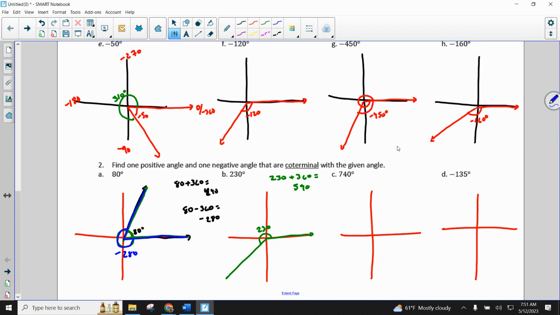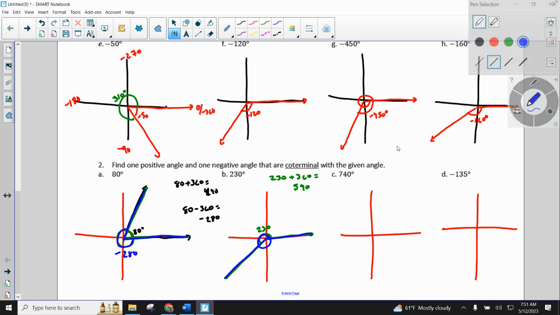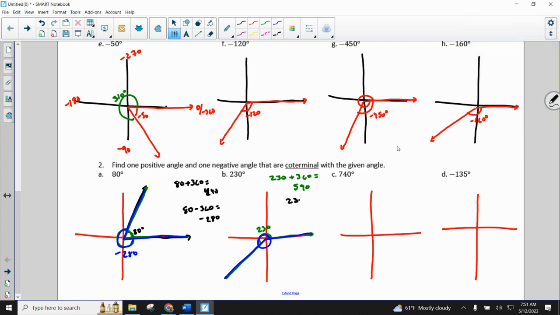So if we wanted initial side, go all the way around 360 and then go the additional 230 over there. If we wanted to go 230 minus 360, what's that come out to be? 230 minus 360, negative 130. We could start here and go the opposite way and end up there.